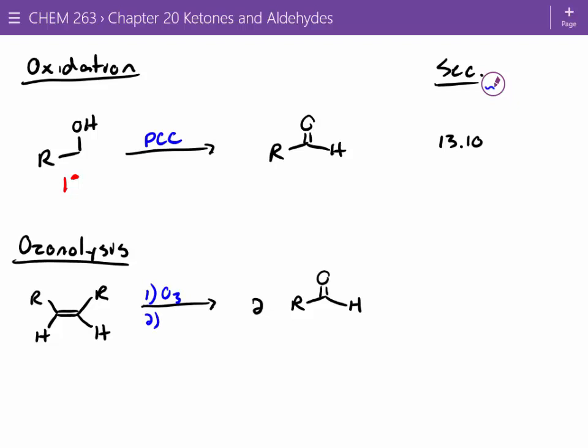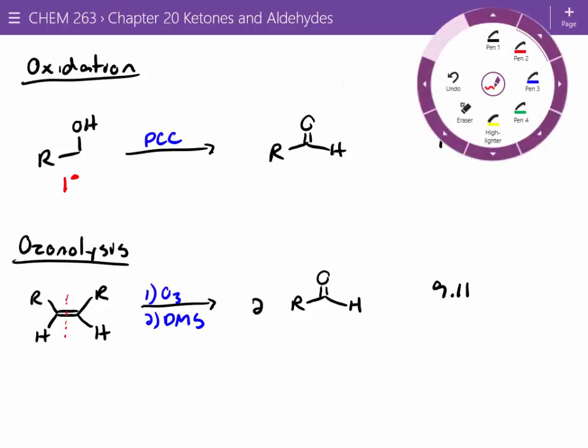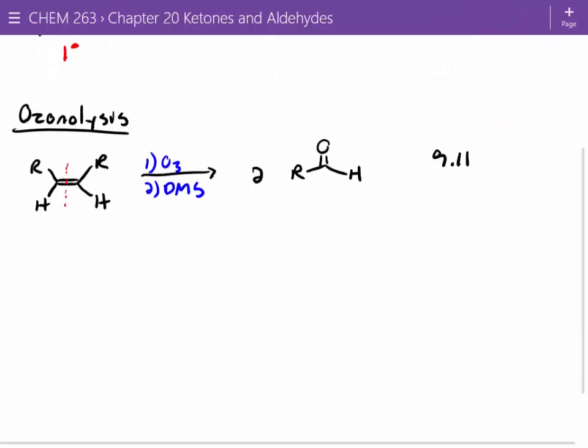O3 and then dimethyl sulfide, so DMS. And this was in section 9.11, if you want to review it. So that was all the way back, I believe, to first term. The important thing to remember is with ozonolysis, you're going to cleave double bonds straight down the center and get 2 aldehydes or 2 ketones out of it if you're starting with an alkene.